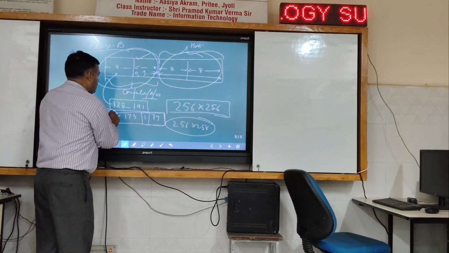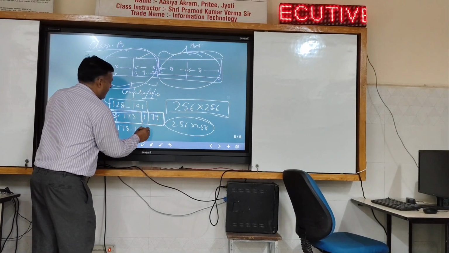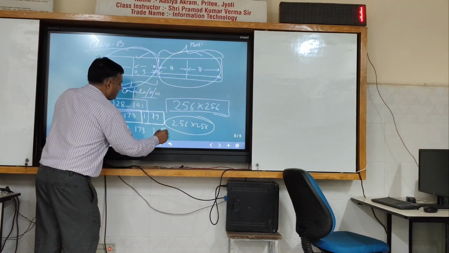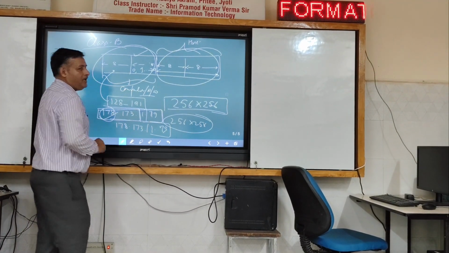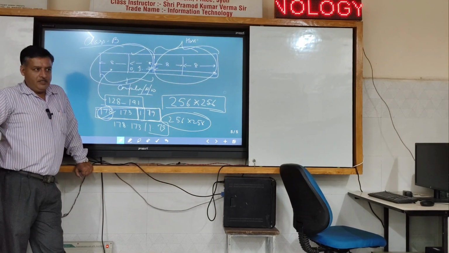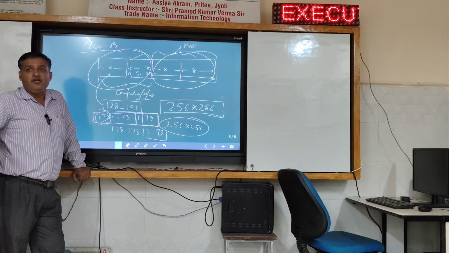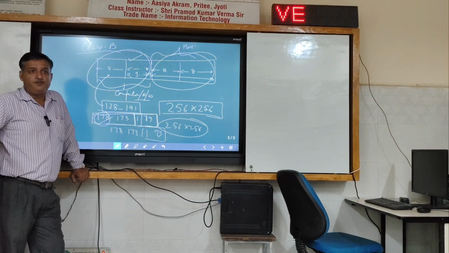So the network addressing is 178.173 and the host addressing is 1.79. This is the exact figure designated for this particular addressing system.